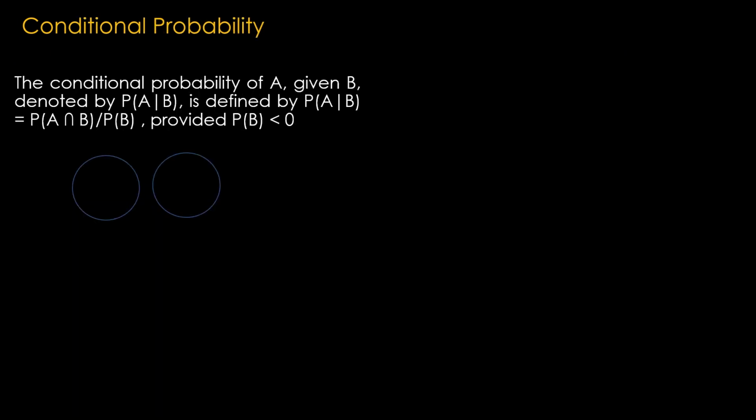Okay? Next, we have conditional probability. The conditional probability of A given B is denoted as this one.